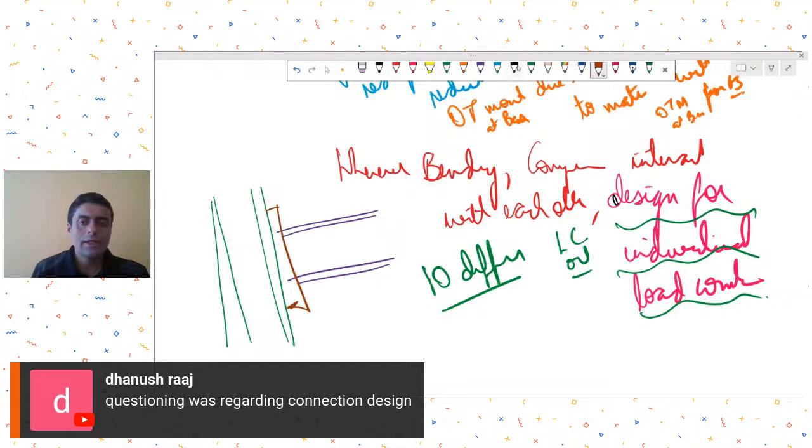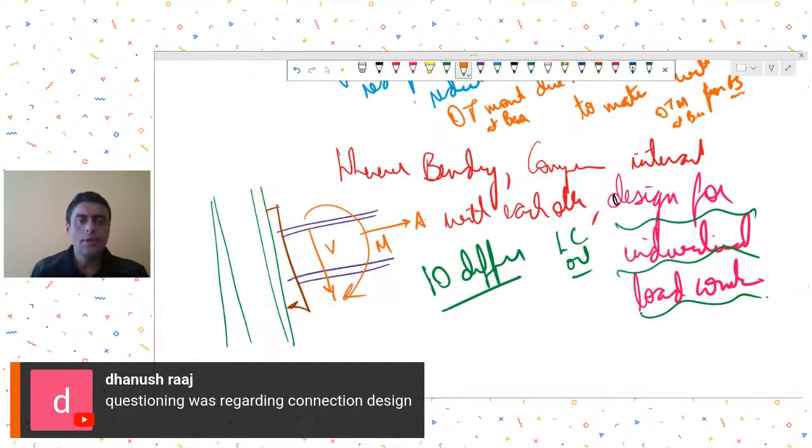Now this connection also has moment, shear, and axial force. In this case, all these three are going to interact, and the effect of all three is going to govern the connection design. So you should not take the enveloping values over here.